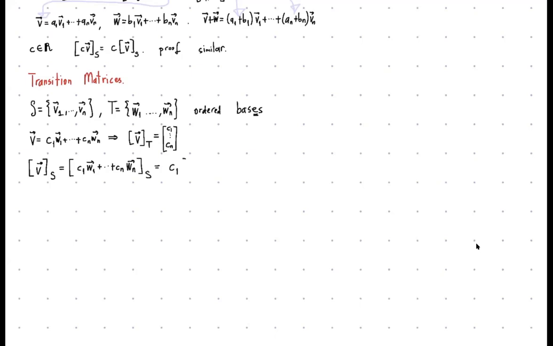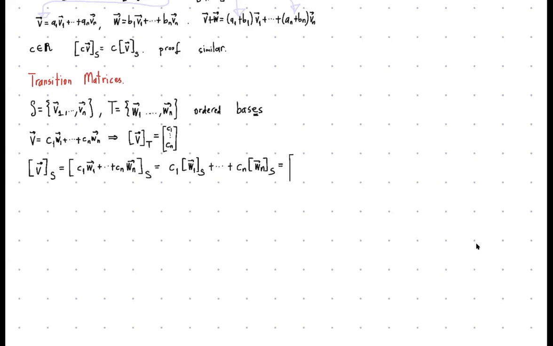So I'm using the idea that sums and scalar products can be separated like this. Cn times Wn with respect to S.